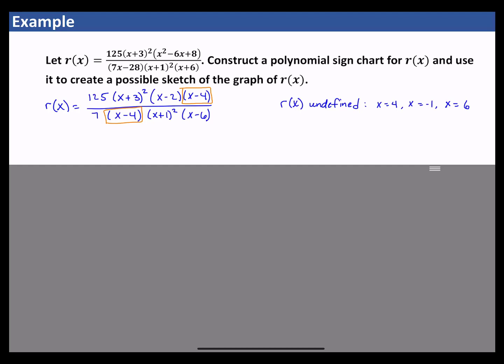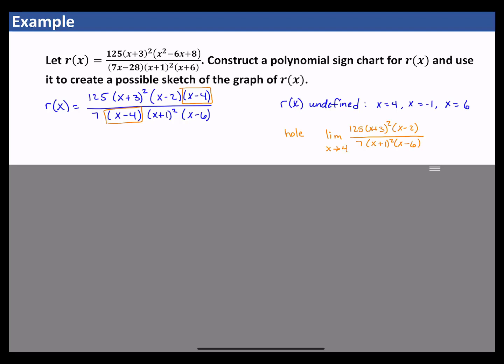So recall, one way we can identify the location of the hole is to consider the limit of this simplified version, which again, I've mentioned a couple times in other videos, is not the same as the original function, because this simplified version would not have a hole, but it at least allows us to see where the hole is.